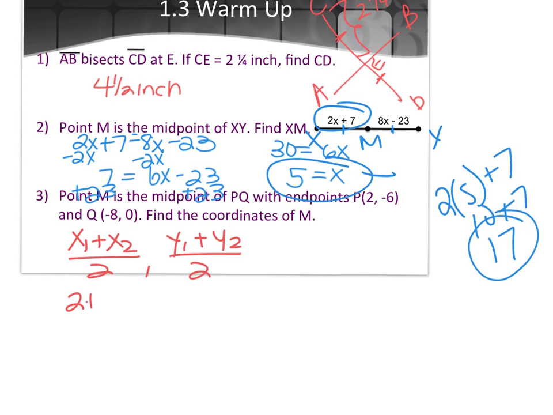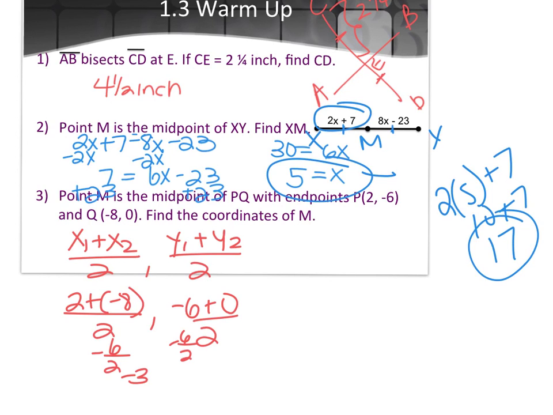So I'd get (2 plus -8) divided by 2, and (-6 plus 0) divided by 2. So -6 over 2, which is -3, and -6 over 2, which is -3. If you want visual confirmation, you can plot those points, and you should see that (3, -3) would look like it's halfway between them.